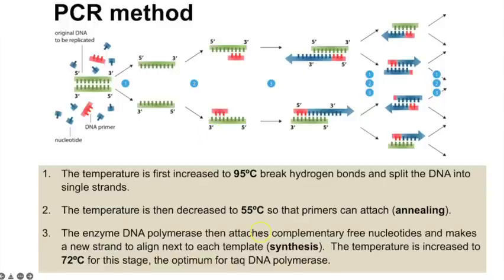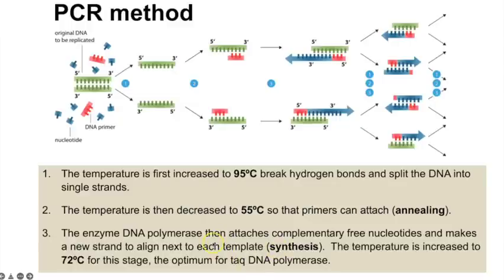The enzyme DNA polymerase can then attach and join any of those complementary DNA nucleotides that align. So it's going to join those adjacent nucleotides, creating the second chain. So we have now created a copy of that DNA fragment of interest.